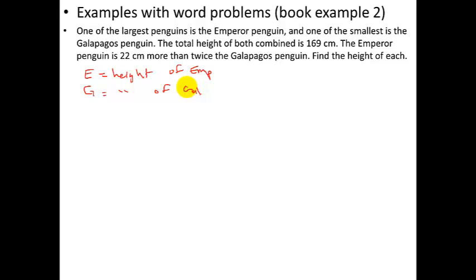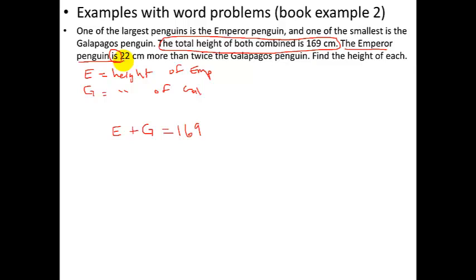Okay, so using this information, I can write a system of 2 equations. The total height of both combined is 169. This sentence translates into E plus G, the height of one plus the height of the other, equals 169. Then the second sentence, the emperor penguin is.